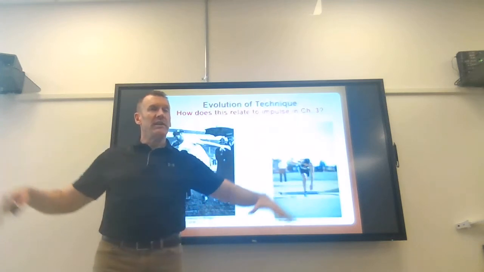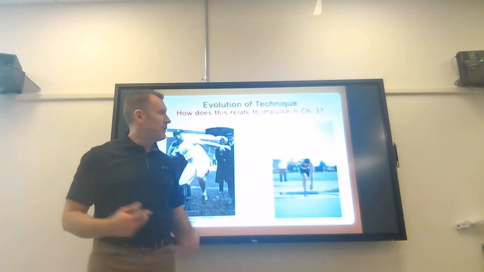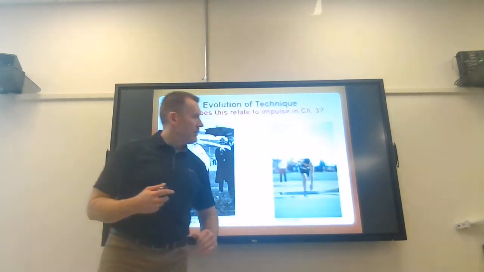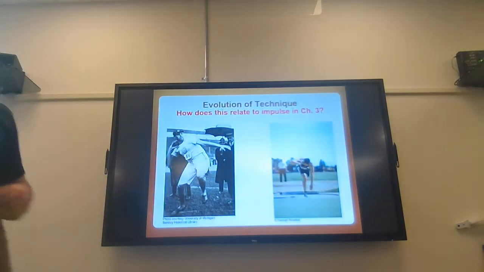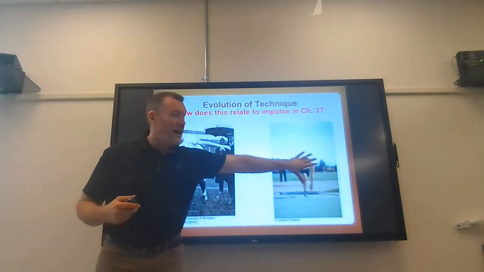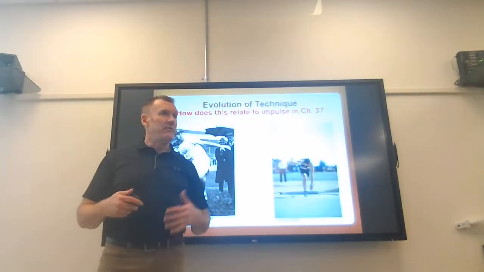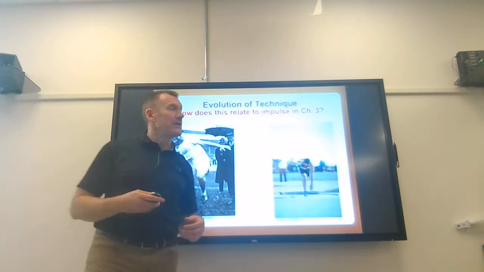So working within a limited space to increase the amount of time and displacement the shot is going to go through before being released. It relates to impulse momentum because this allows more time to build force through the kinetic chain before the shot is released.